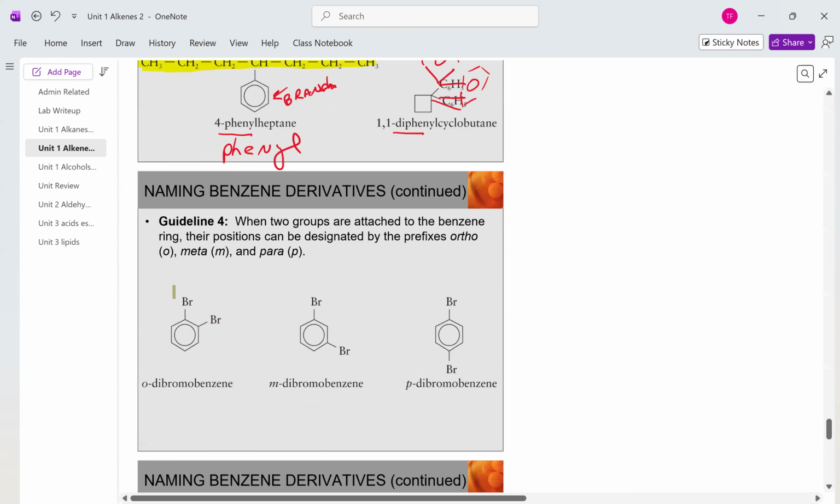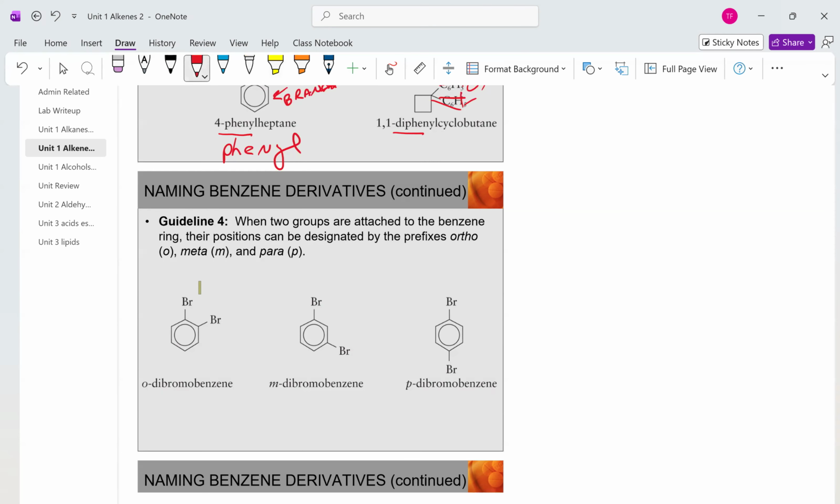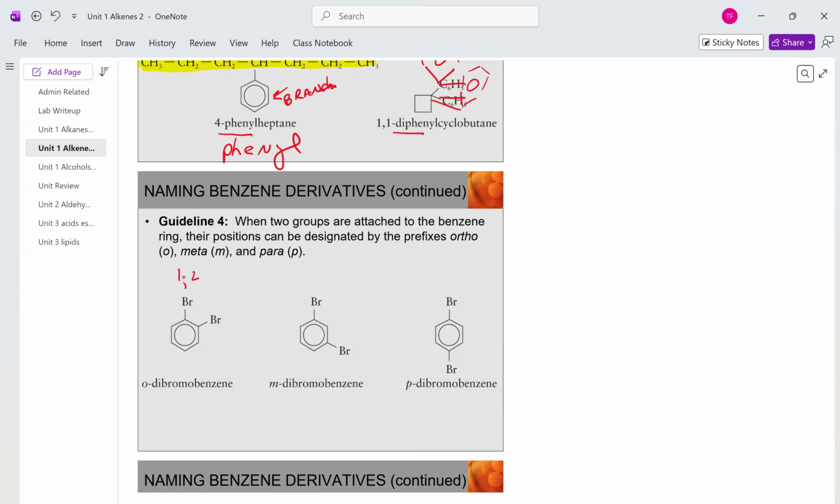Now, this is a really old world way of naming branches off of the benzene ring. If there are two branches and they are the same, in this case it would be 1, 2.